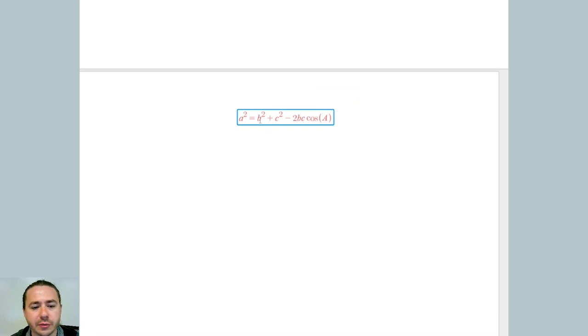The first thing to do is to move these two terms over to the other side. So I'm going to subtract b squared and c squared from both sides. Another thing I'm going to do is move around the whole equation.